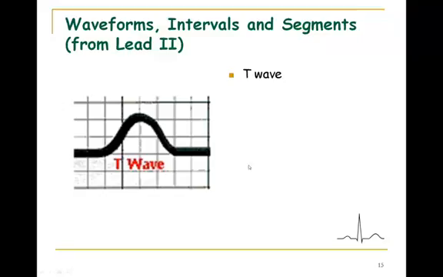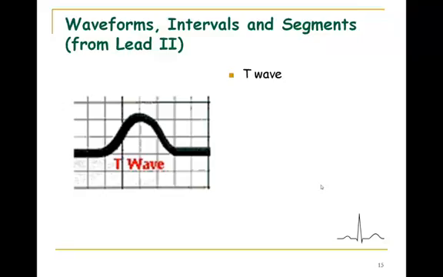Another thing that can result in abnormalities of the T wave: you can get tall peaked T waves, where the T wave becomes very narrow and very tall, with hyperkalemia. You can also get a flattened T wave with a larger U wave in hypokalemia.